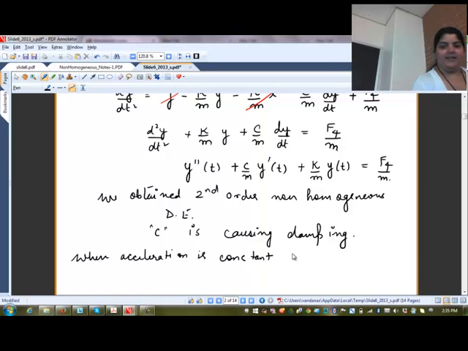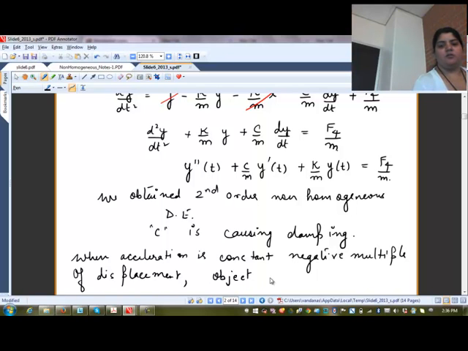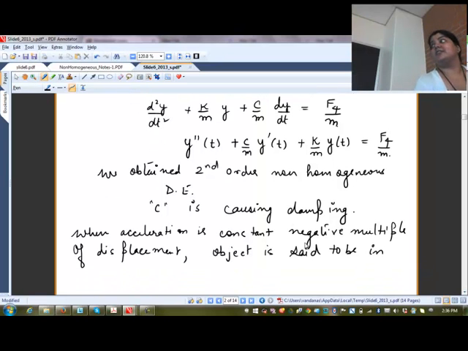Okay, when acceleration is a constant negative multiple of displacement, the object is said to be in, this is a very famous motion in physics, that when acceleration is a constant negative multiple of displacement, which means I am avoiding this y prime term here, because this is acceleration, and if I push this term to the right, this will be negative k over m, k and m being positive, this will be a negative constant multiple of displacement.